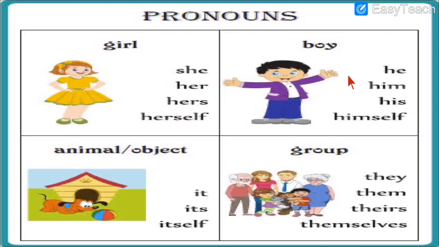For boy you can use he, him, his, himself. For animal or object, non-living thing, you can use it, its or itself. For group of people, you can use they, them, theirs and themselves. This is what we had seen.